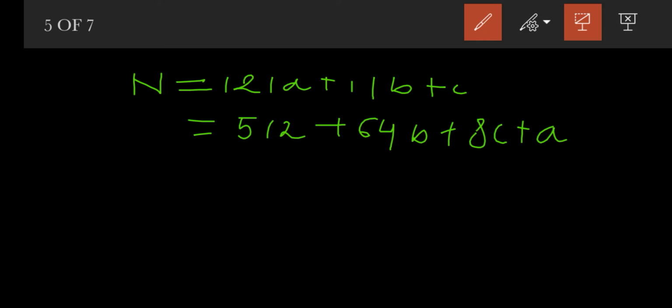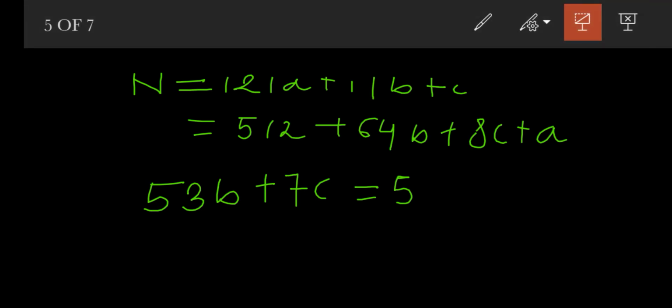Now from here we can write that 53 times b plus 7c will be equal to 120a minus 512. So how can we proceed?